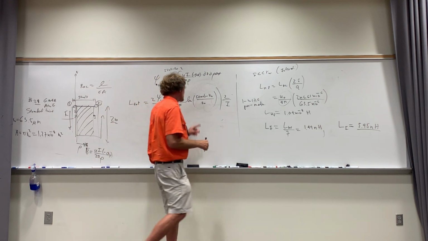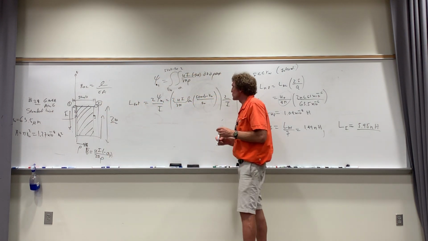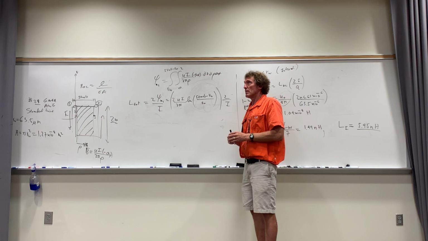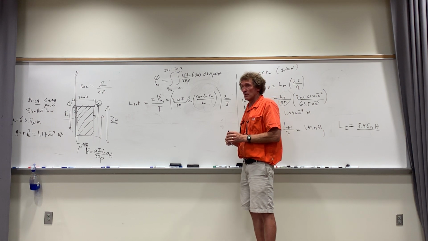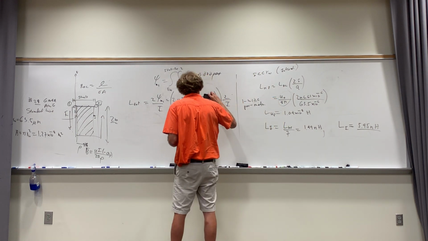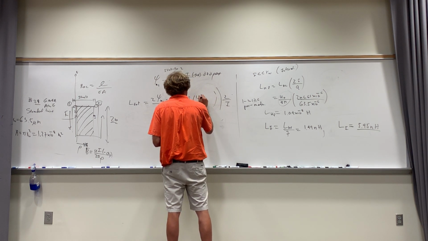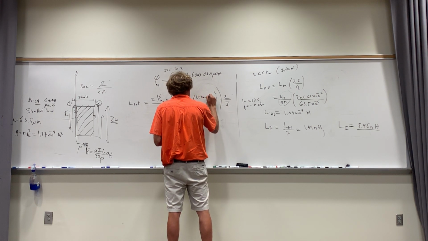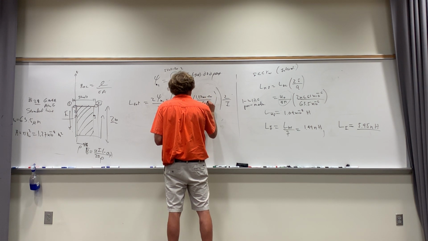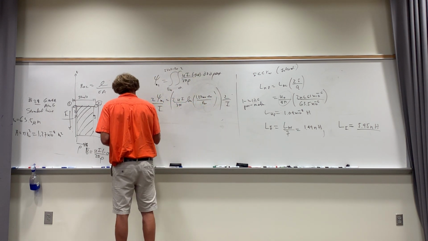The thing we have to do is take that 50 mils and convert it to 1.27 millimeters. So this is 1.27 millimeters minus R of the wire divided by R of the wire. So what does this come out to be for the L external?